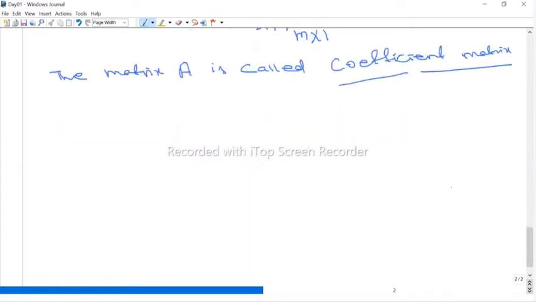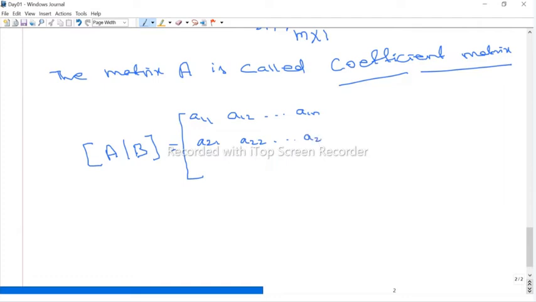So the augmented matrix is nothing but the matrix A with the B vector included as the last column. So you take A11, A12, etc., A1n, and then A21, A22, etc., A2n, and so on, Am1, Am2, etc., Amn. In the last column you write B1, B2, etc., Bm. So this matrix is called the augmented matrix.